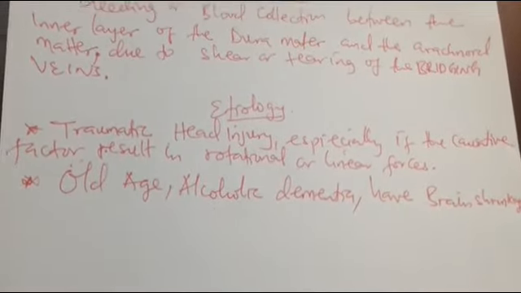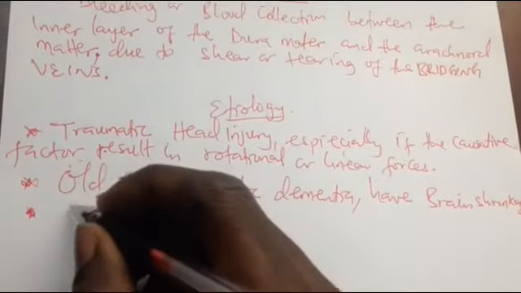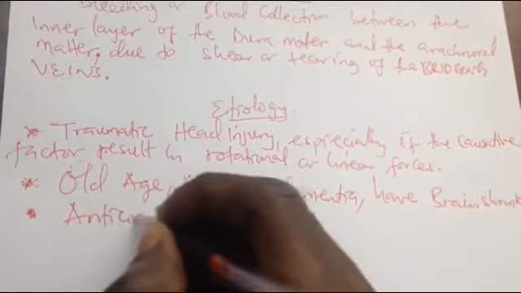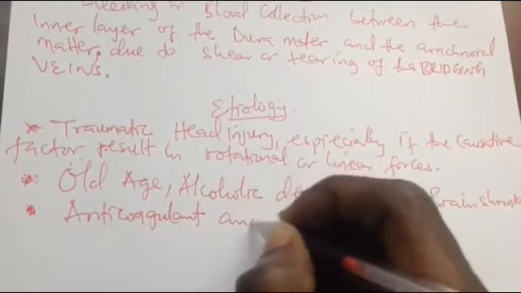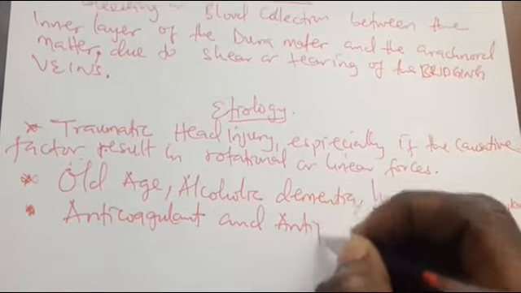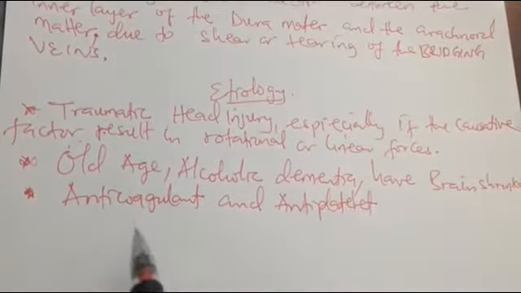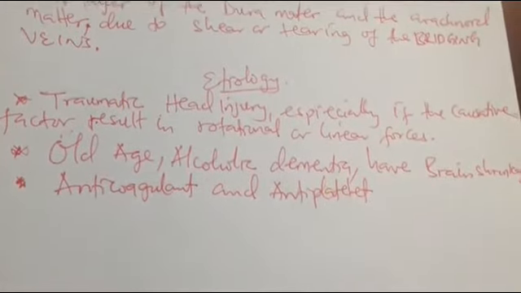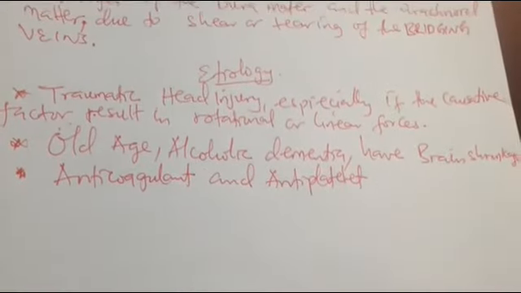So that is it. Then again, if the patient is under long-term use of anticoagulant and antiplatelet drugs, they have increased risk of bleeding, even if not in the cranium.